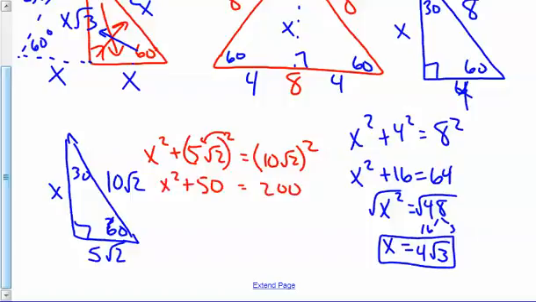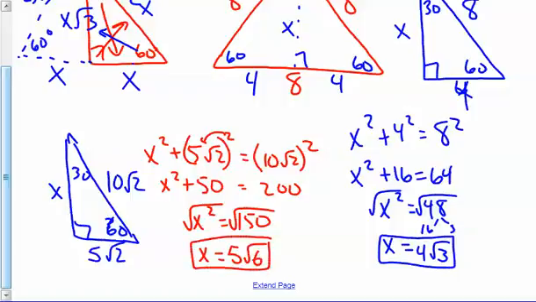And x squared plus 50, subtract 50. x squared equals 150. We've done this a couple times. x equals 5 root 6. All right? Pythagorean theorem. But again, you've got to know that relationship between the short side and the hypotenuse. The short side is half of the hypotenuse. The hypotenuse is the short side times 2.